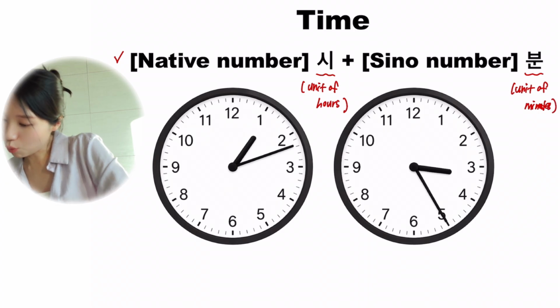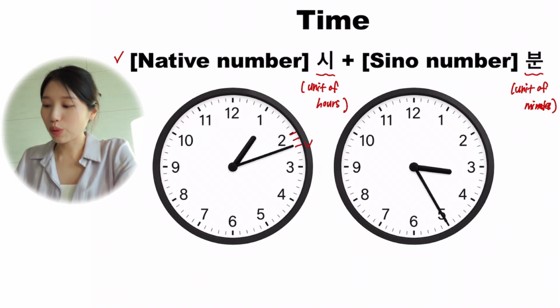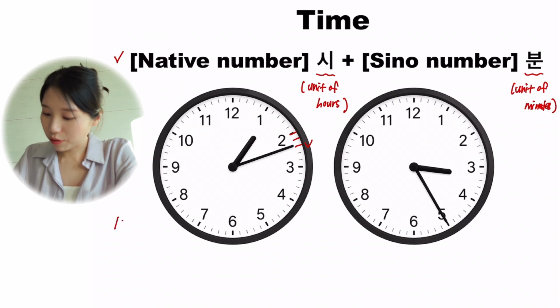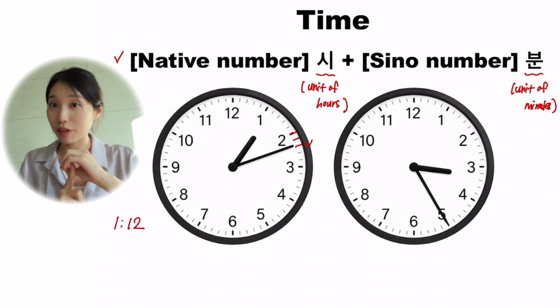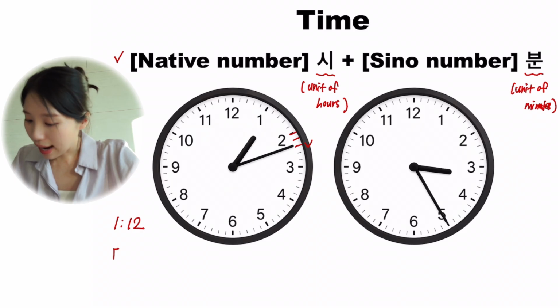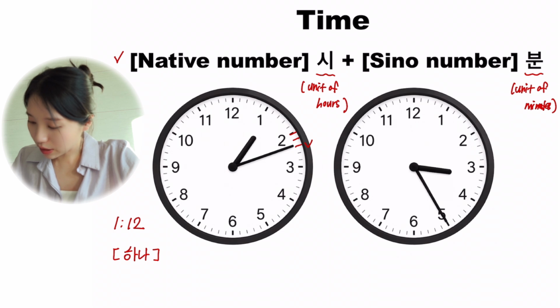Okay, so it's 1 and 10, 11, maybe 12. Yeah, let's say 12. So 1:12. First, the 1 we have to read in native Korean number, 하나, and the unit is 시.